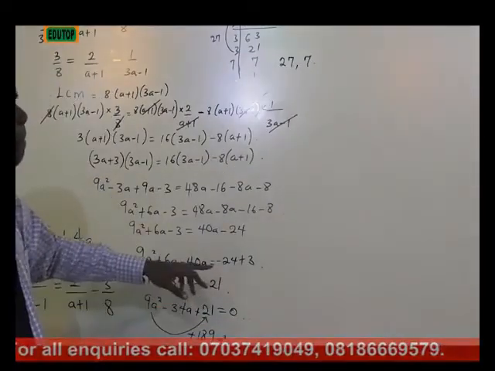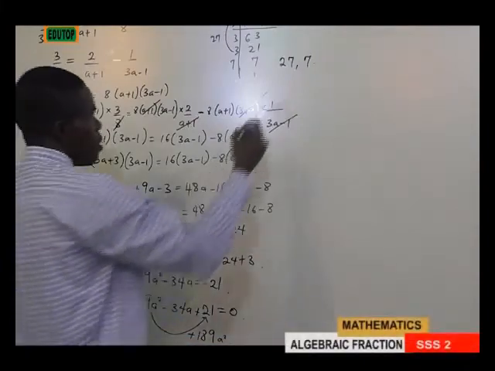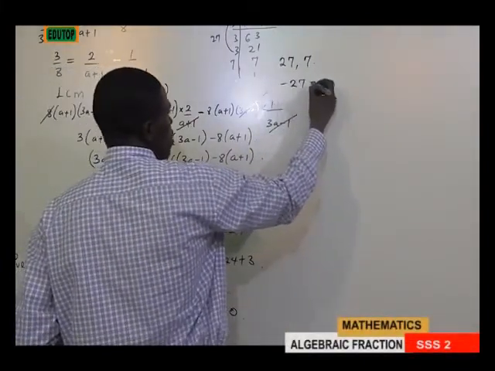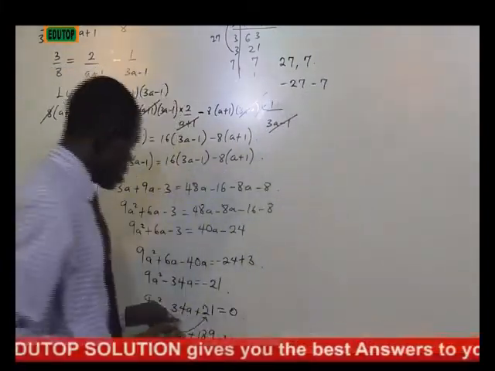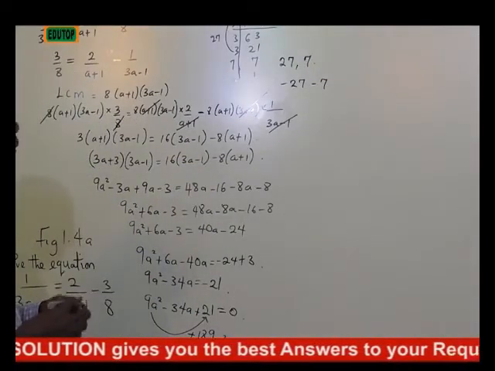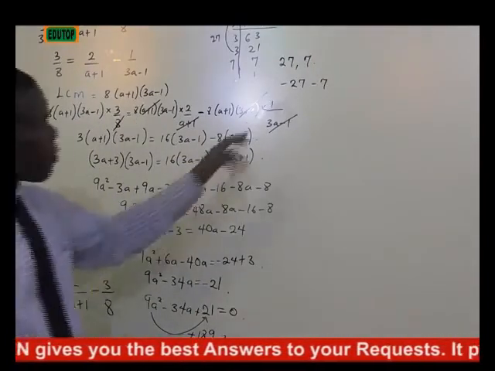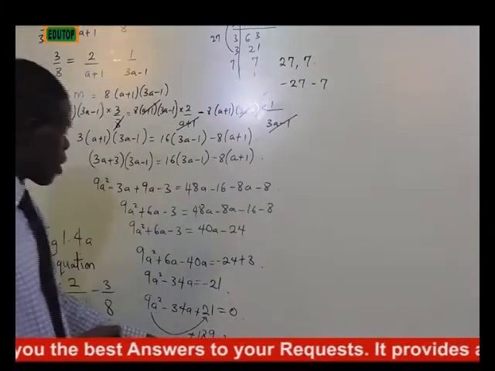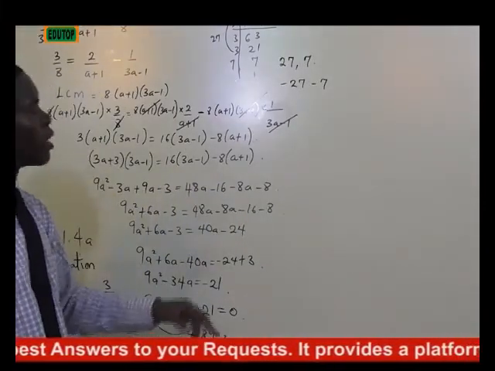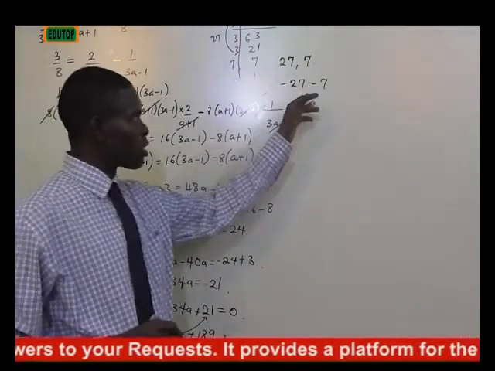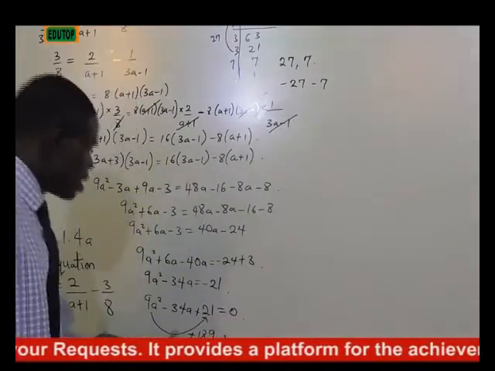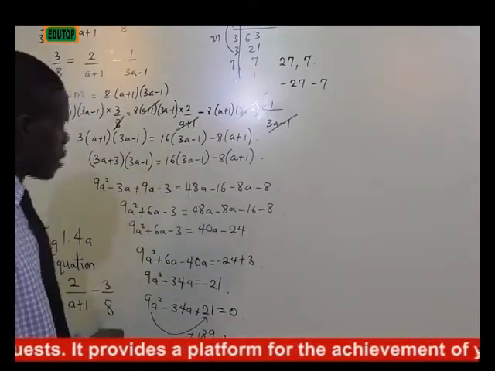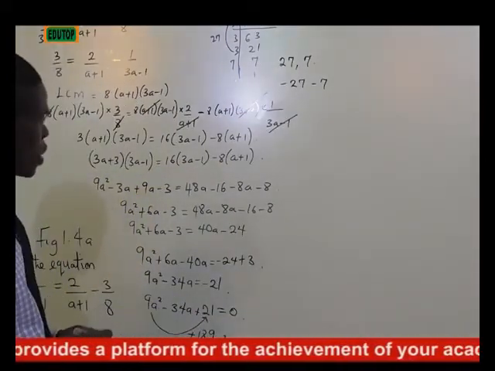Now, if I have minus 27 minus 7, that will give me minus 34. Then if I multiply this by this, automatically I'll get plus 189. So definitely minus 27 and minus 7 should be a factor of this that will suit this model.